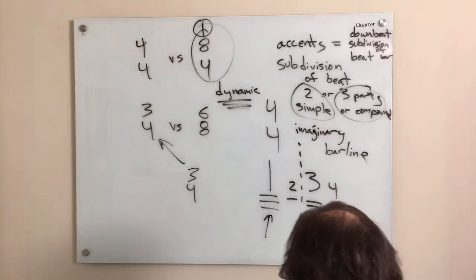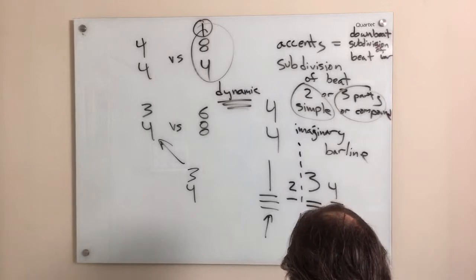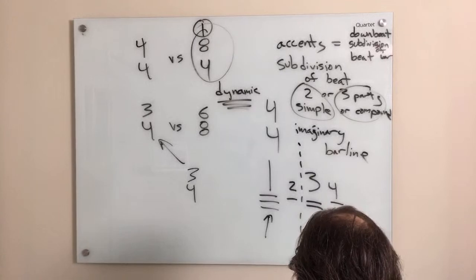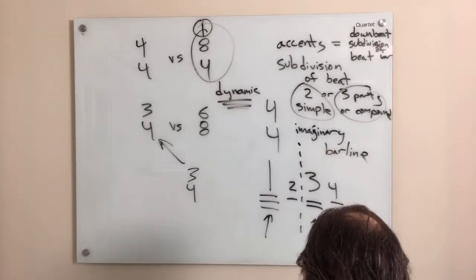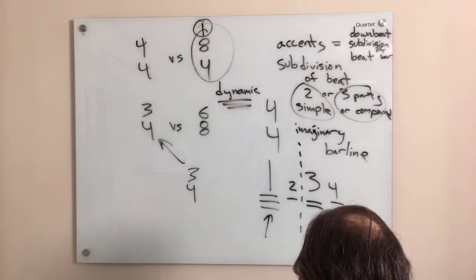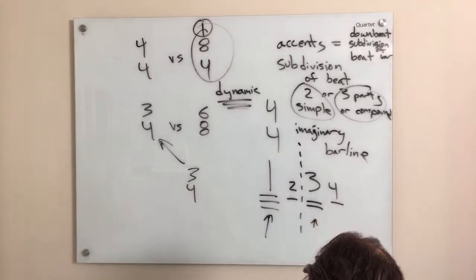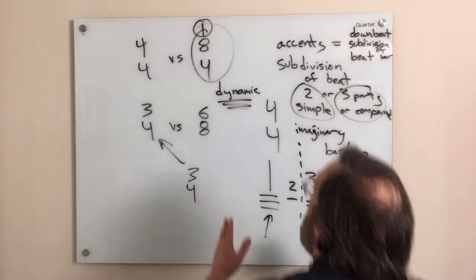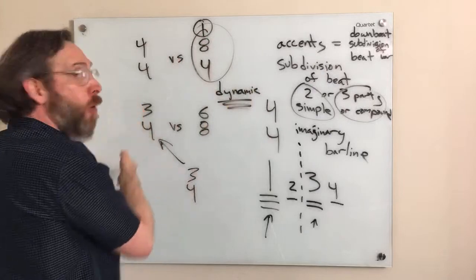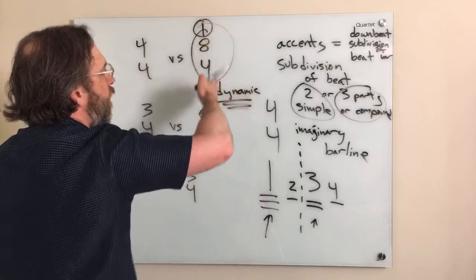So if I'm going 1, 2, 3, 4, 1, 2, 3, 4, and I were to change the chords every 8 beats instead of every 4 beats, that would help me differentiate it.